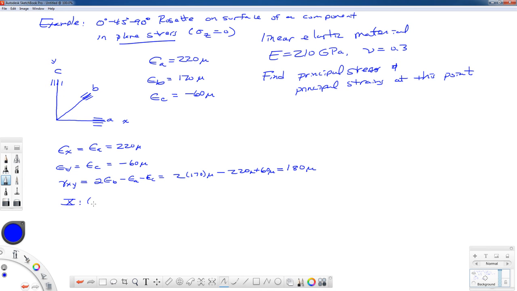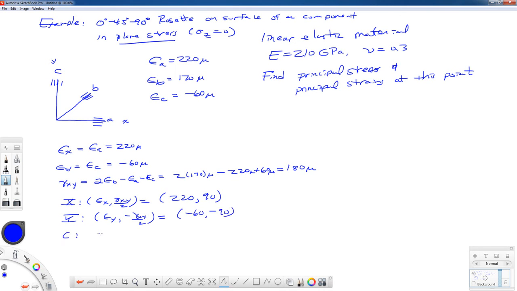The X point is epsilon X comma gamma XY over 2. That's going to be 220 comma 90 in units of microstrain. The Y is epsilon Y comma minus gamma XY over 2. That's going to be equal to minus 60 comma minus 90.